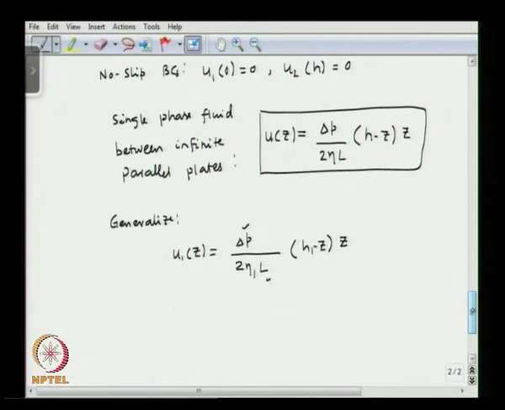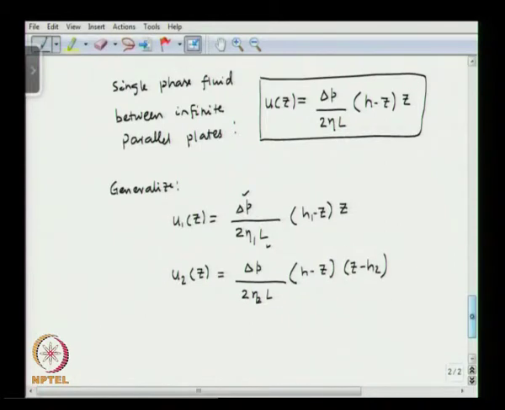For the velocity u2, we can write u2 of z is going to be delta p over 2 eta 2 L into (h minus z) into (z minus h2).